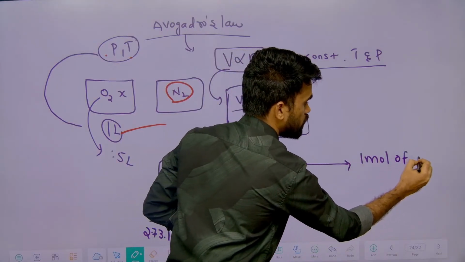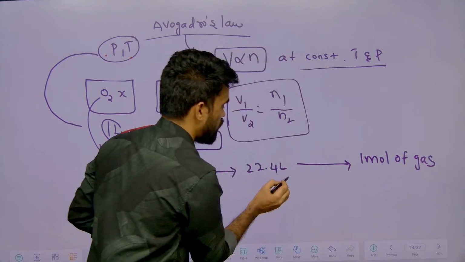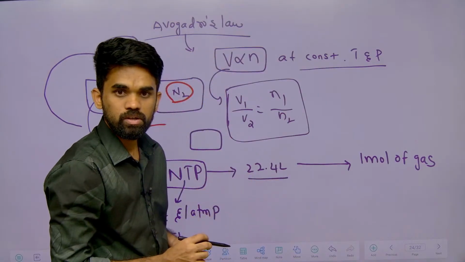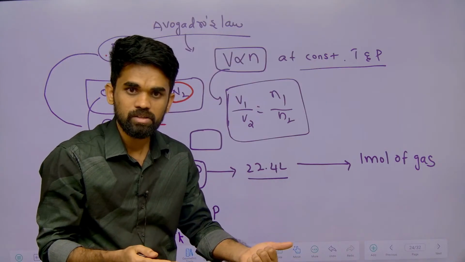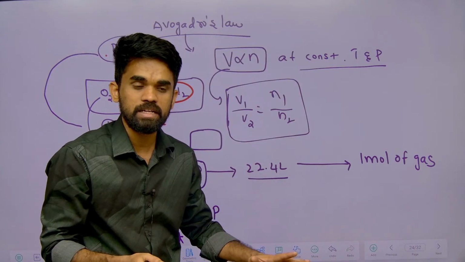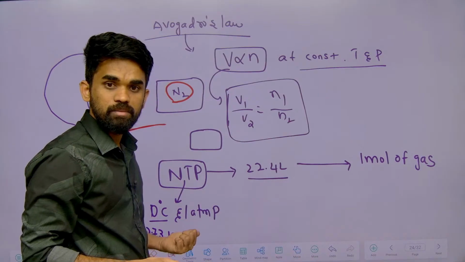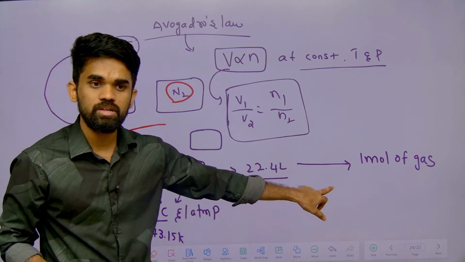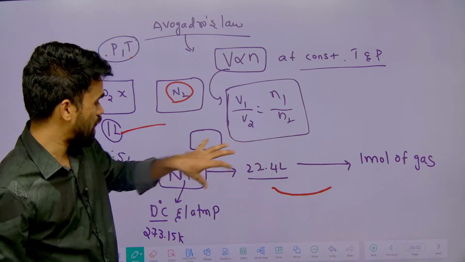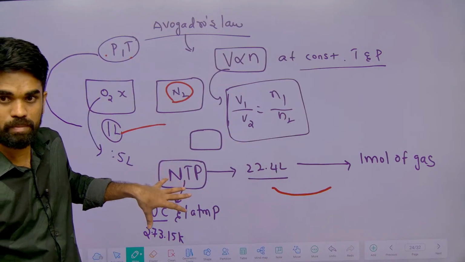So whenever we say 1 mole of a gas, its volume will be 22.4 liters at NTP. If I change the temperature and pressure values, these quantities also change. So this is valid only at NTP condition. Remember that. Okay.